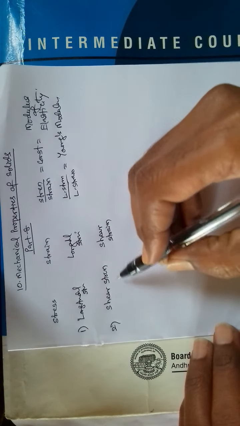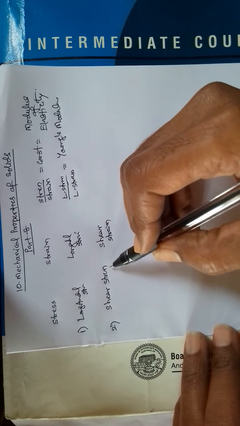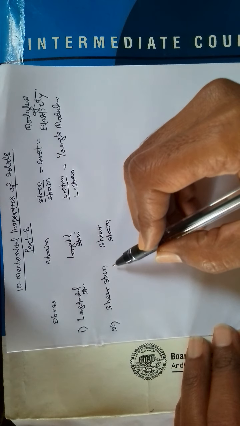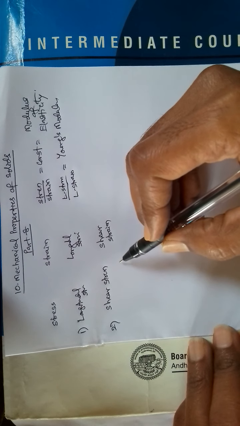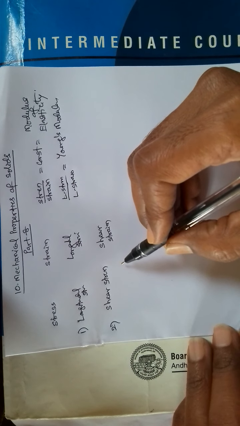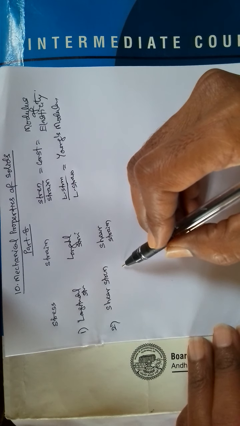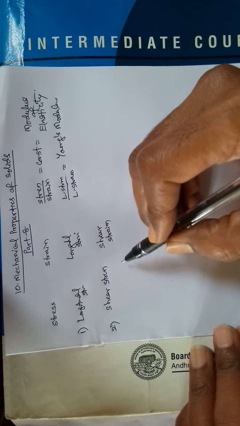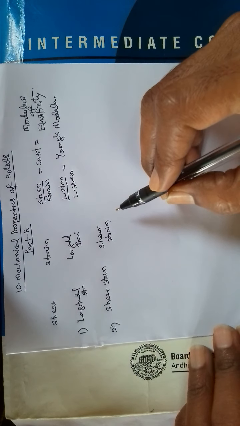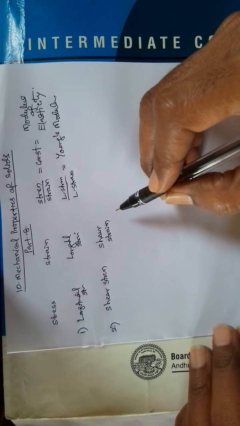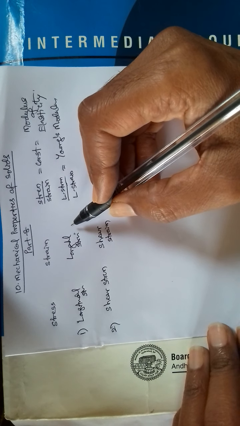So next, shear stress. Here the stress or the applied force or the deforming force, if it is going to change the shape of a given body, then you say the stress produced is shear stress, and the strain produced is shear strain. So in case of longitudinal strain, there is change in length.